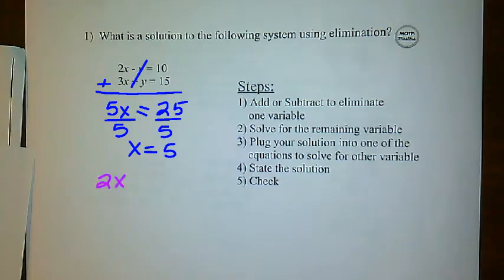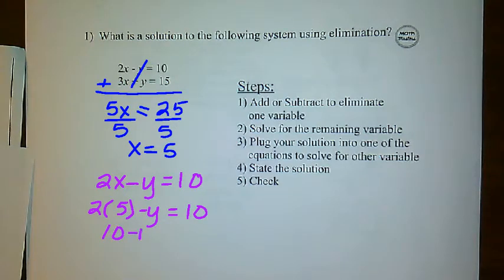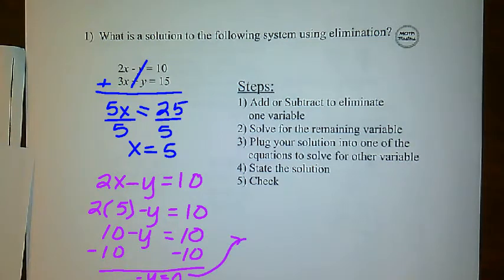So I'll do 2x minus y equals 10, and I'll plug that in. Negative y equals 0, so y equals 0. So my final answer is (5, 0).